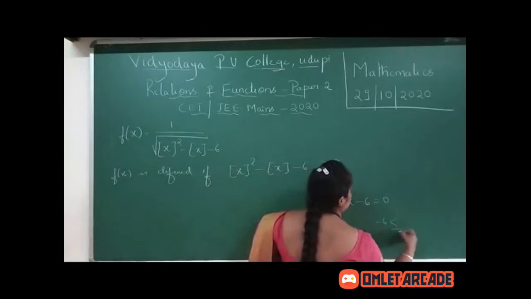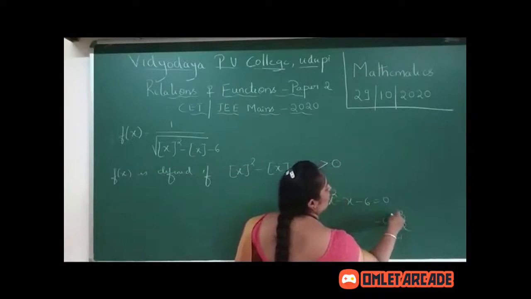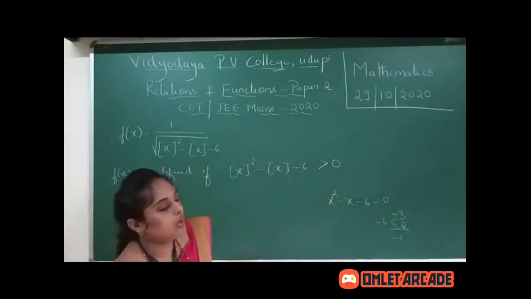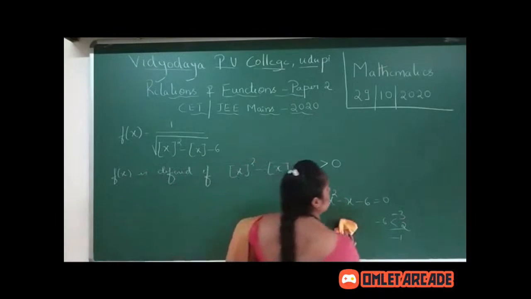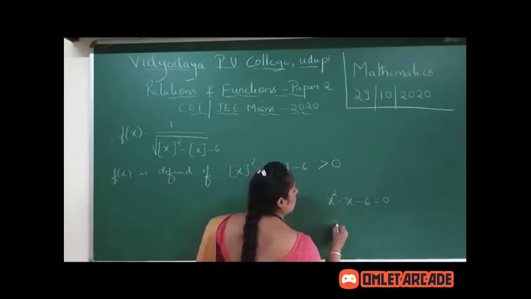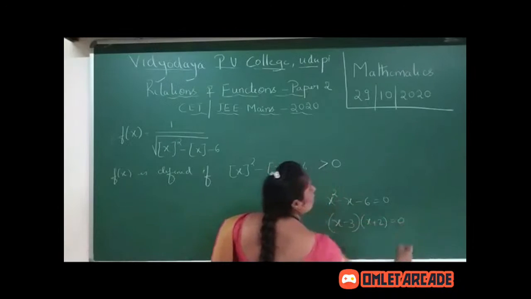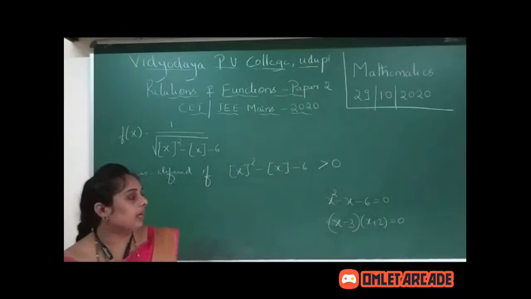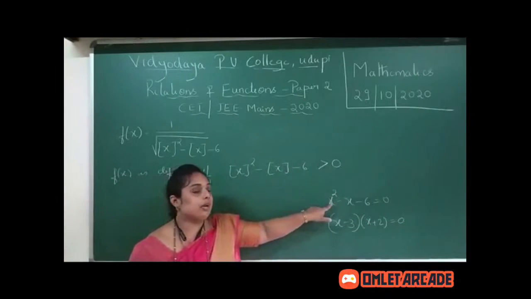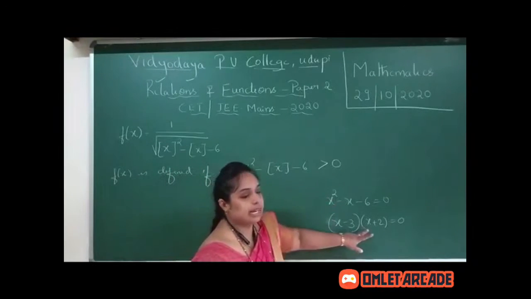Minus 6 and minus 1, so the values will be minus 3 and plus 2. So I get x minus 3 times x plus 2 is equal to 0 if I factorize x square minus x minus 6.